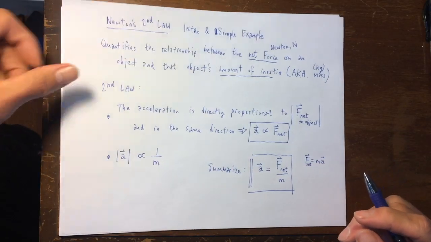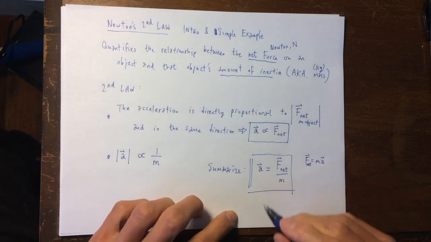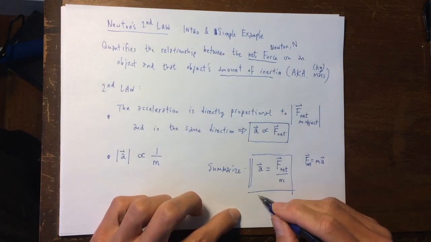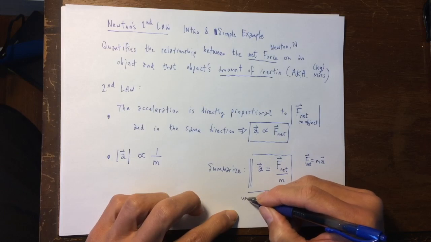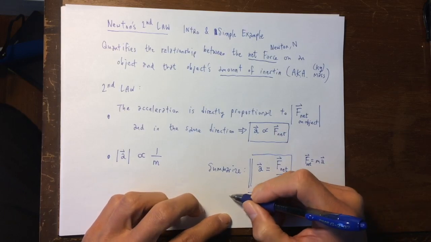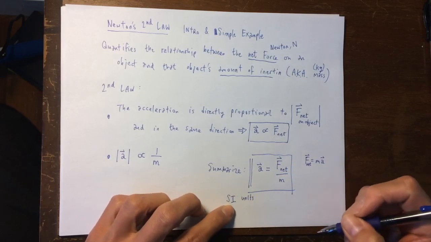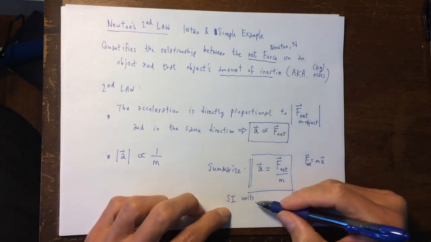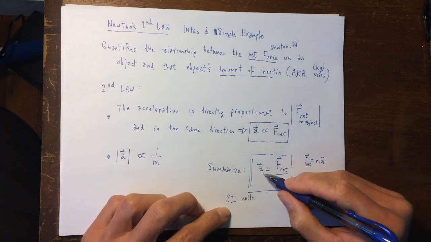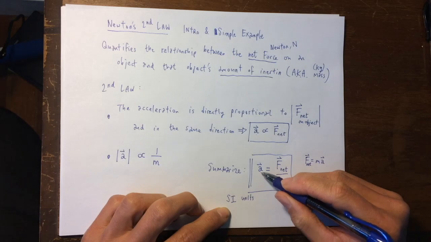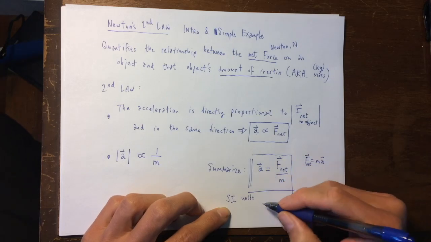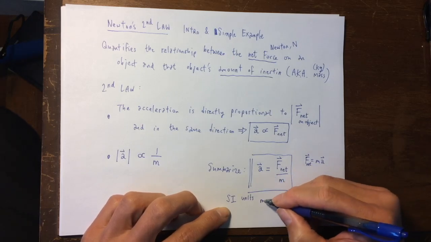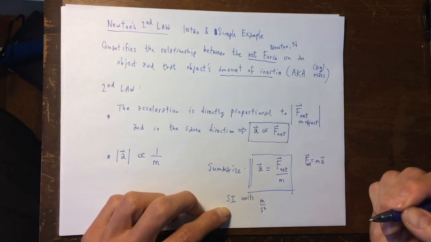Okay, another thing that I'll mention real quick before I move on, I'd like you to notice how the units are going to go. With SI units, this is a really nice system of units. I'll show you how nice it is. The unit that we use for acceleration, I may have mentioned it in an earlier video, is meters per second squared.